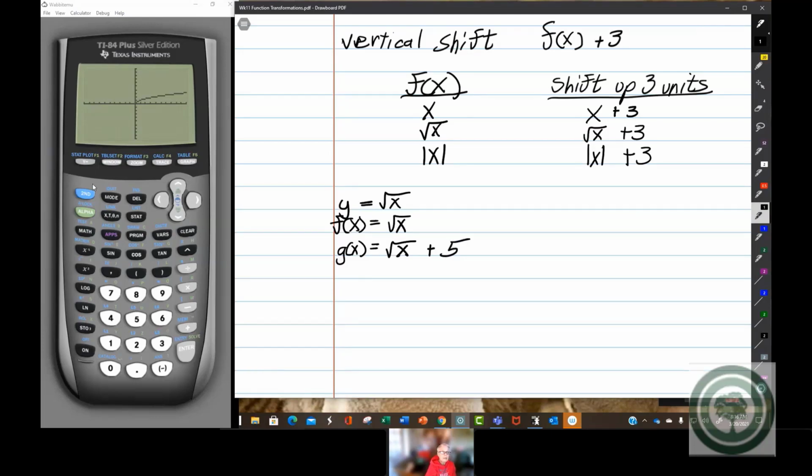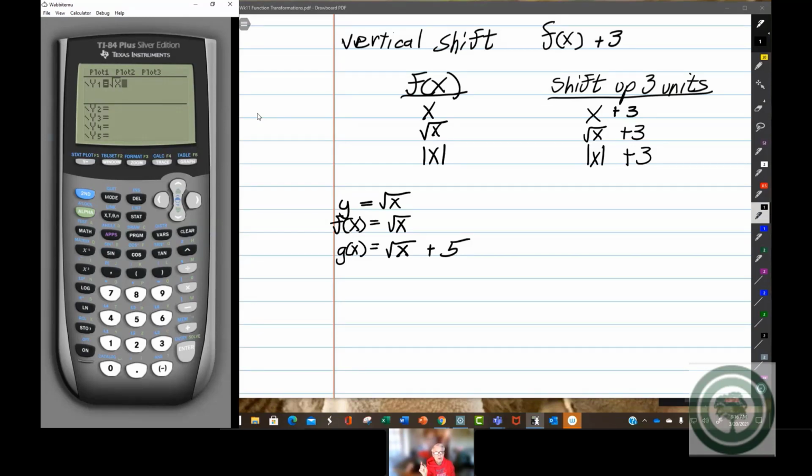I'm going to come over here and come out to the end, to the far end. You have to not be under the function, but at the far right end. Plus 5.